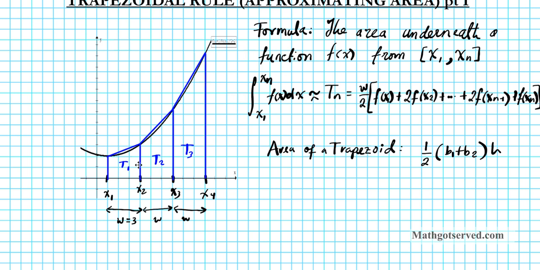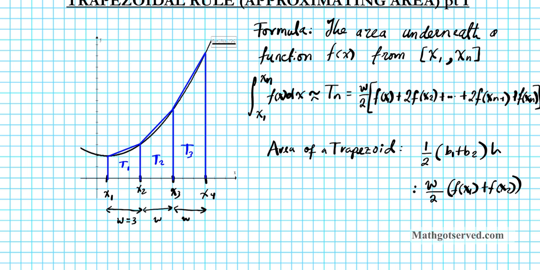If we apply it to this situation that we're dealing with here with a function, it's going to look like this: the width over 2 times f of x1 plus f of x2. So that's this formula adapted to this situation.